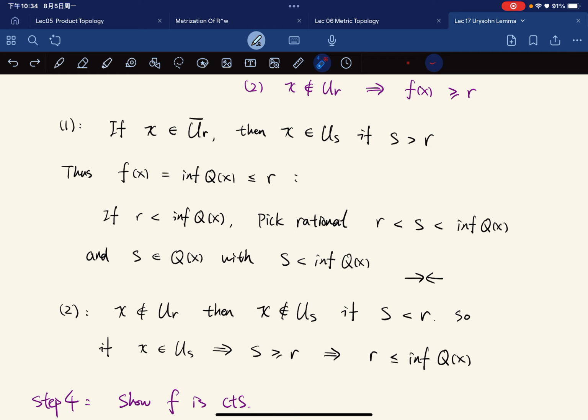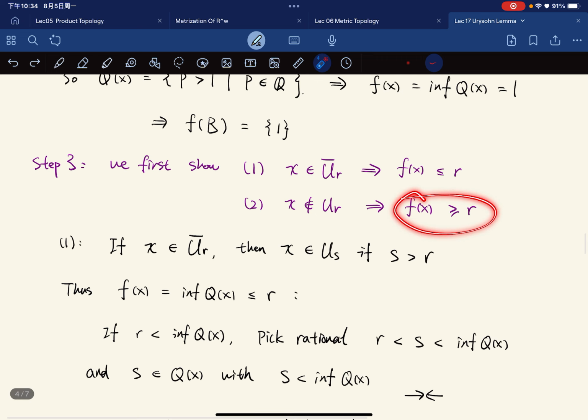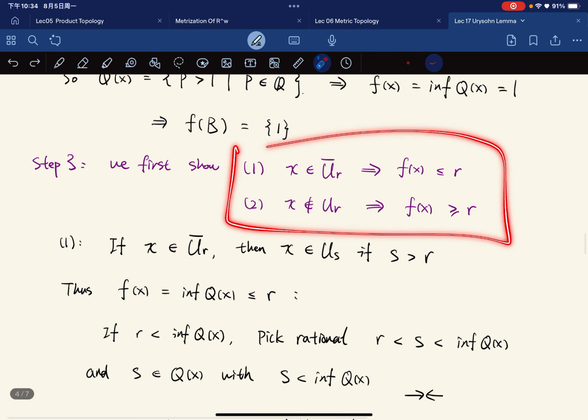Like s less than r implies x not in us, which means that if x is in us, s must be greater than or equal to r, which means that the set q of x is bounded below by r. And because infimum is the greatest lower bound, it must be greater than or equal to any of its lower bounds. And this is equal to f of x. So f of x is greater than or equal to r. Okay, so we have proved these two facts.